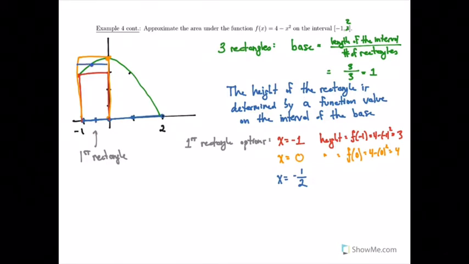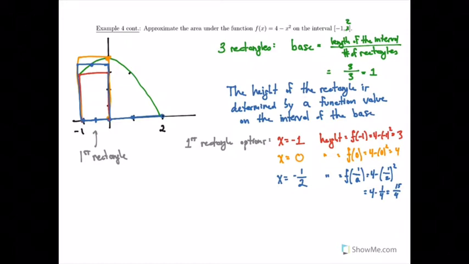We could draw a rectangle there as well. In this case, the height would be f of -1/2, 4 minus -1/2 squared. That would be 4 minus 1/4, or 15/4.